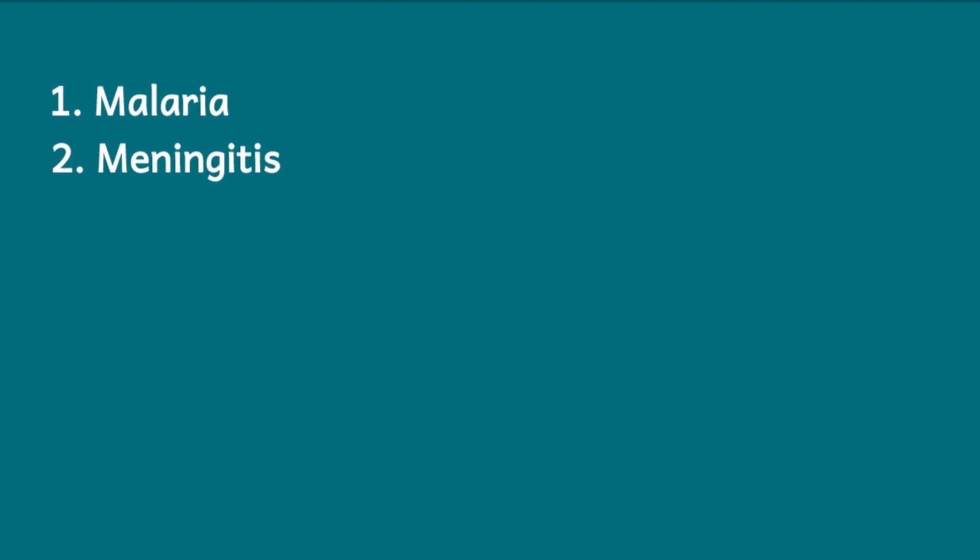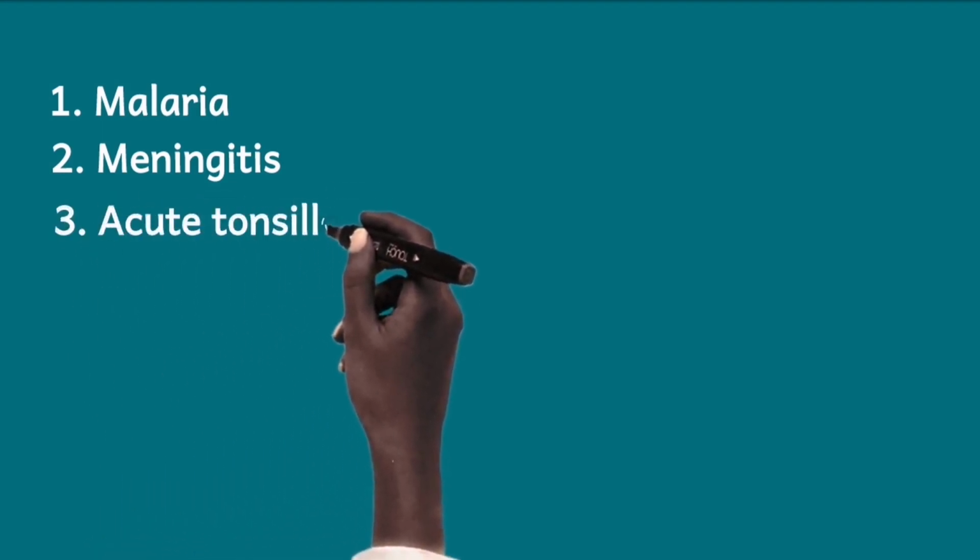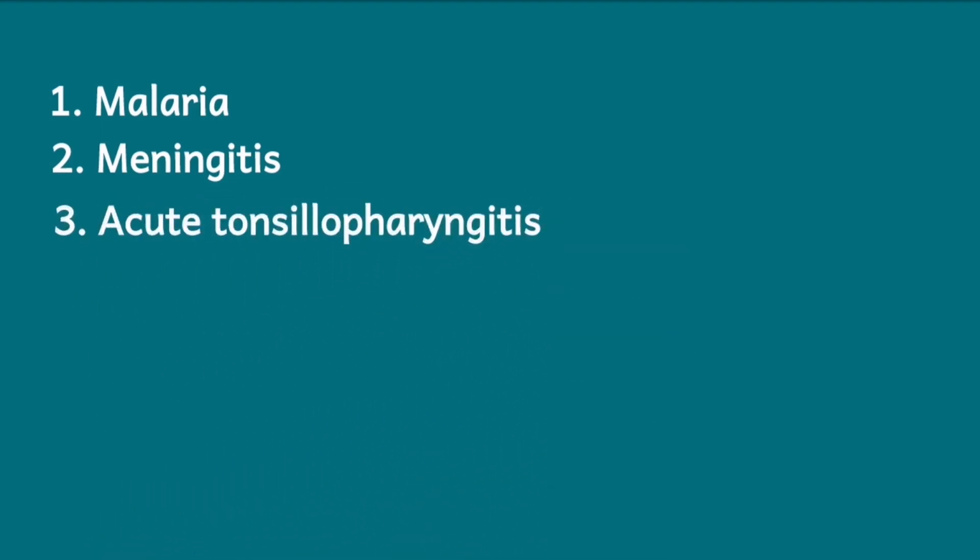Another differential or condition which may explain this child's presentation is tonsillopharyngitis, inflammation of the tonsils and then the pharynx. It may explain the fever, the child refusing to eat, the child becoming dull, and the child vomiting.